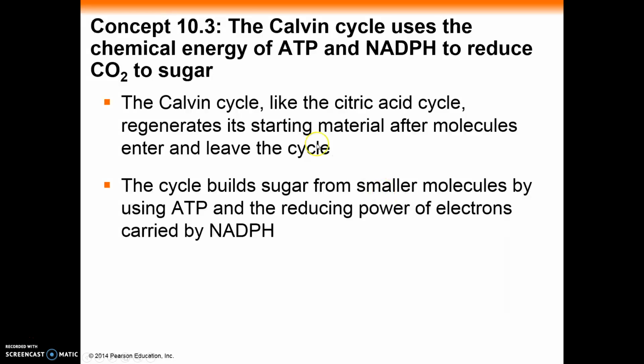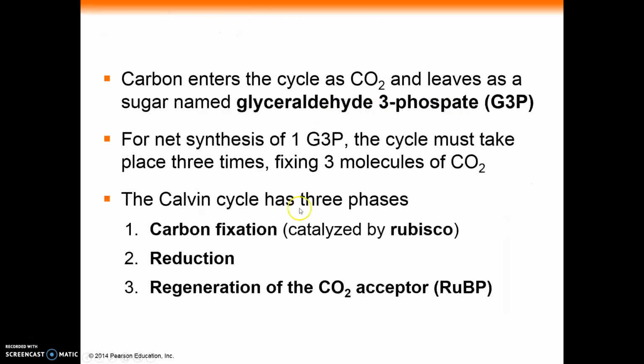This is simply a process that looks somewhat similar to the citric acid cycle, but utilizes CO2 as a source to produce a sugar called glyceraldehyde 3-phosphate, which we also produce.